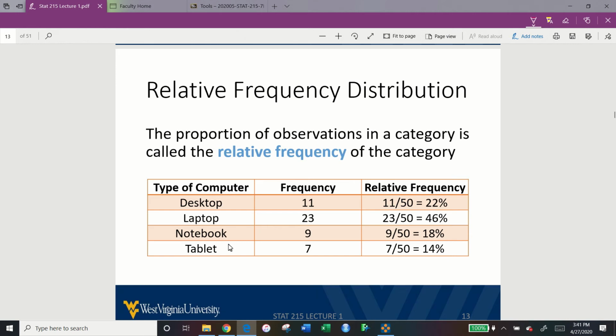Our relative frequency takes the frequency we have in our second column and divides it by our total to give us a percent. Depending on what type of information we're trying to gather, we may want the pure frequency or the relative frequency.